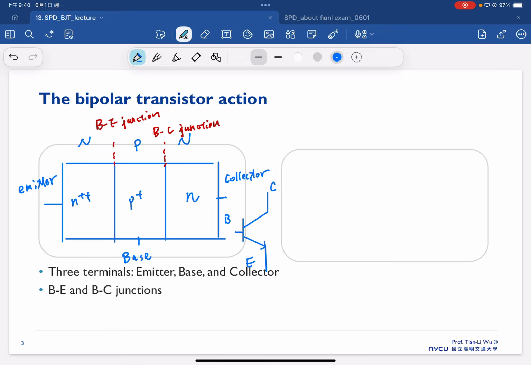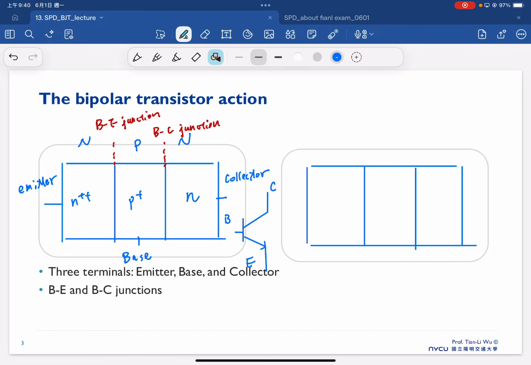And similarly, we can also have the PNP BJT, which is shown on the right-hand side. The structure is exactly the same.